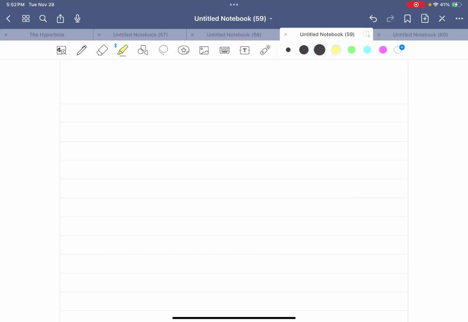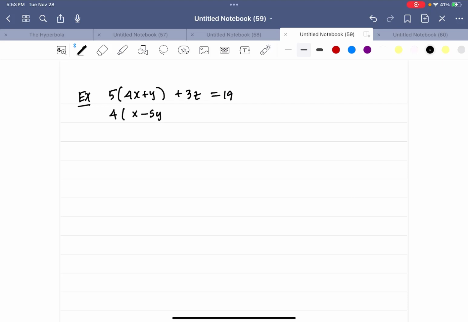Now this one is in a little different form, so here we go. We've got 5 times 4x plus y plus 3z equals 19. And then we have 4 times x minus 5y plus 2z equals 7.